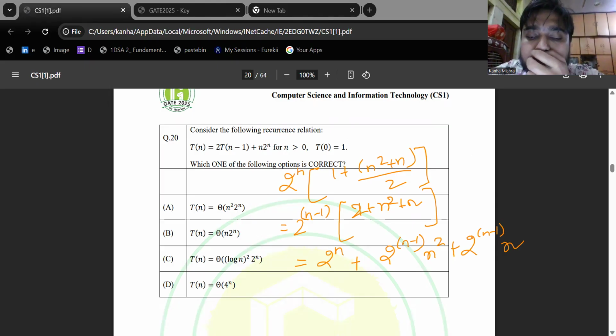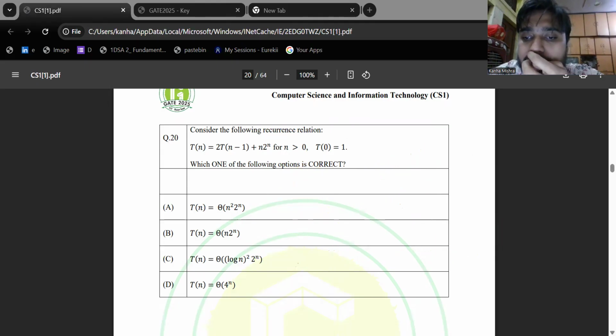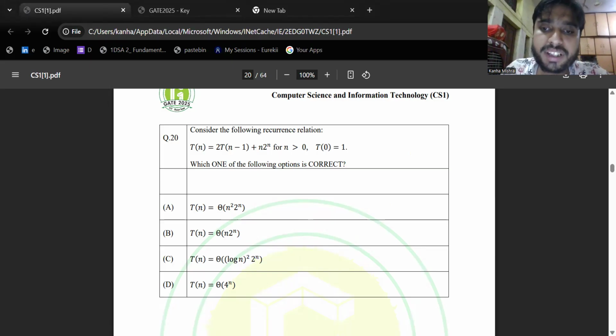So we know T of 0 is 1, and what else do we need to know? What are the given options I have? Option A looks like n square into 2 to the power n.